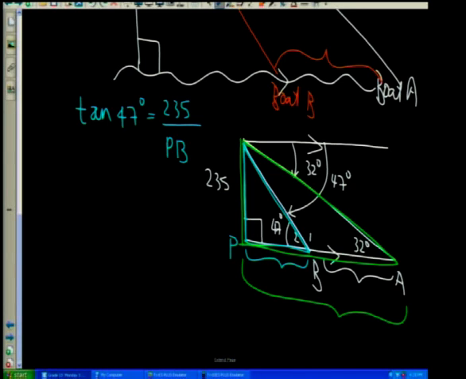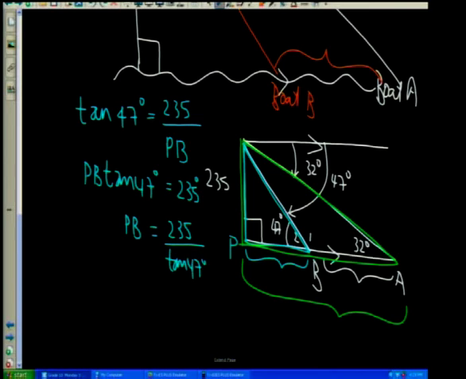Notice that my denominator is my unknown, so I'm going to multiply both sides and then divide by tan 47. I'm going to do this in two steps. PB tan 47 equals 235. Then to isolate PB and solve for it, I get 235 divided by tan 47.